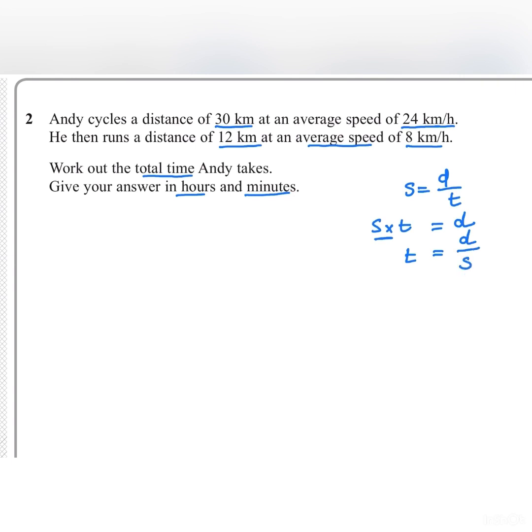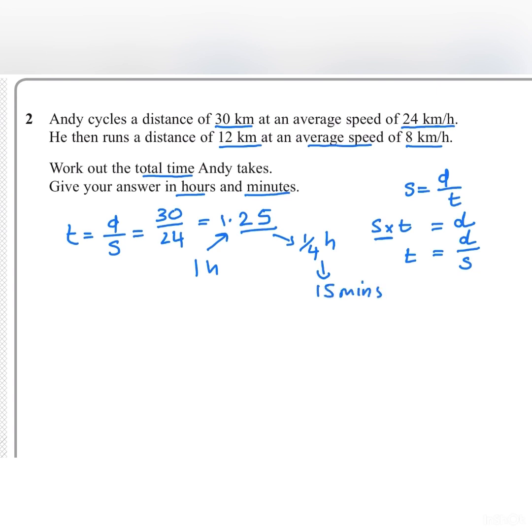So looking at part 1 of the journey where he cycled, the time for that, if we substitute the numbers into this formula, that's 30 kilometers over 24 kilometers per hour. That is 1.25. Now this is 1 hour, and 0.25 is 1/4 of an hour, which is 15 minutes.